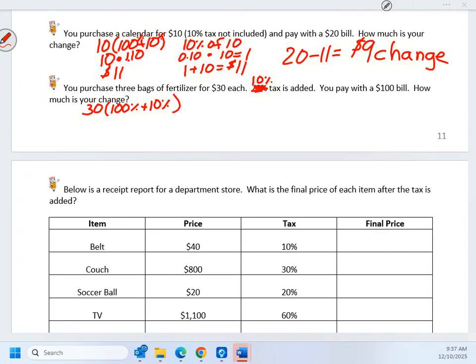So Joy, if we had 100% plus 10%, what does that turn into? 110%, which is what decimal? 110% becomes what decimal? 1.10. So, Joy, on your calculator, do 30 times 1.10. What do you get?